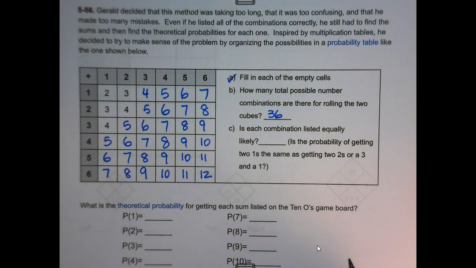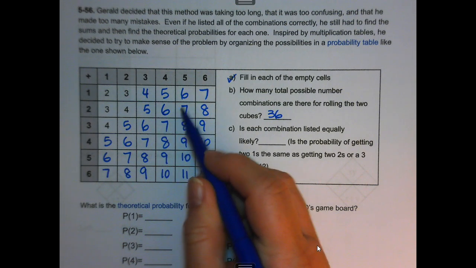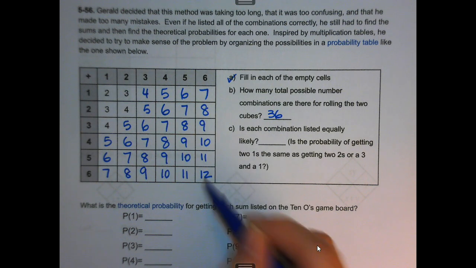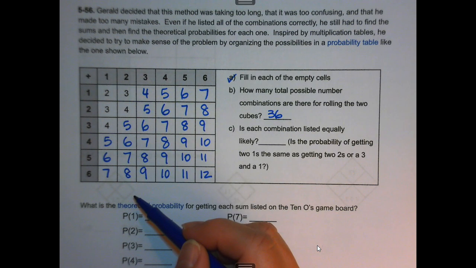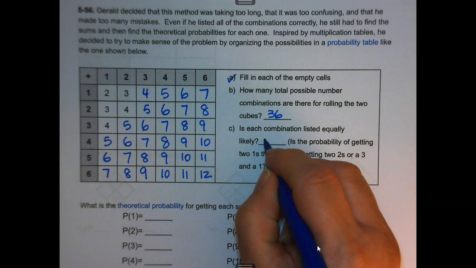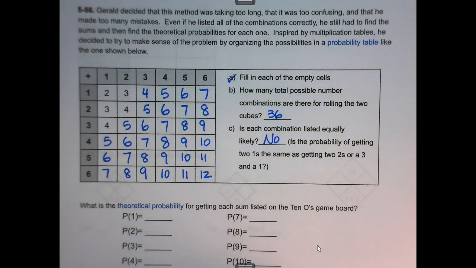Is each combination listed equally likely? As I look up here, I see 1, 2, 3, 4, 5, 6 ways to get 7, but only 1 way to get 12, 2 ways to get 3. So I'm going to say no, they are not equally likely.